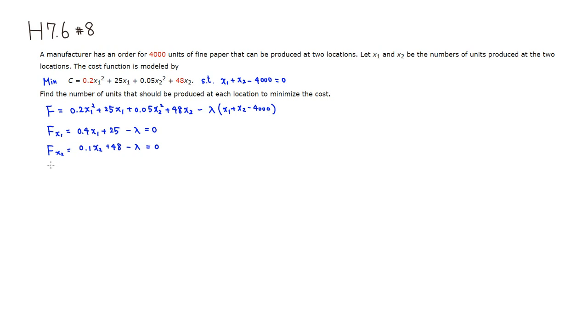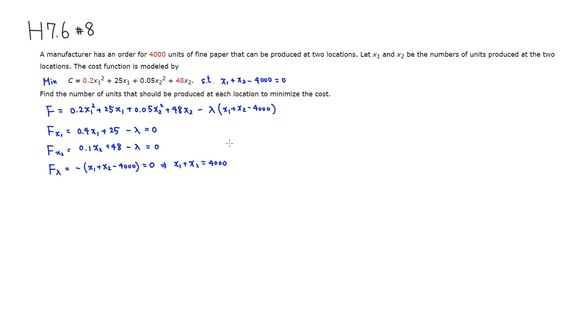All right, so the partial with respect to lambda is going to be negative x1 plus x2 minus 4,000 is equal to 0. I'm going to go ahead and eliminate this negative sign here, so this is going to give us x1 plus x2 is equal to 4,000.